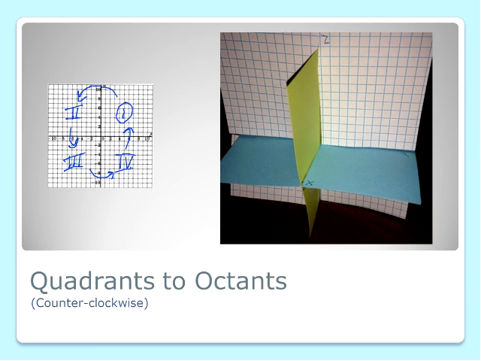And the way we're going to do that is if we have our X facing us, our Y going off to the side, and Z facing up. Where we started before, we're going to start again, and we're going to go counterclockwise.